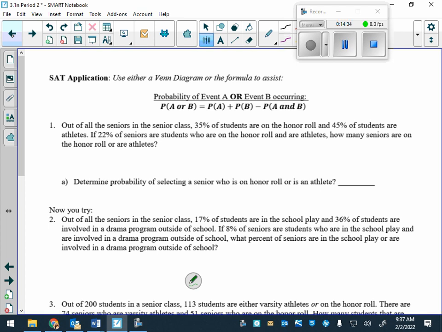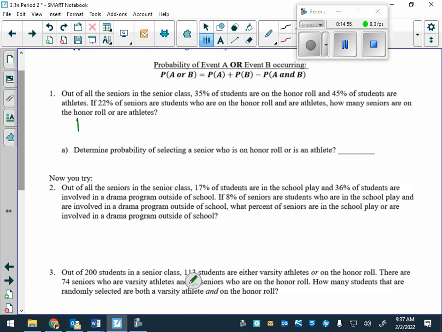So out of all the seniors in the senior class, 35% are on the honor roll, 45% are athletes. 22% of the seniors are students who are on the honor roll and are athletes. How many seniors are on the honor roll or are athletes? So if we were to use the formula, probability of seniors or athletes would be probability of seniors plus probability of athletes minus probability of seniors and athletes.